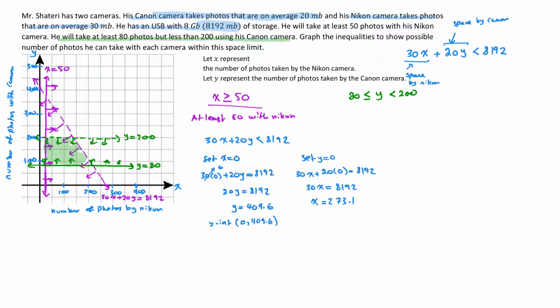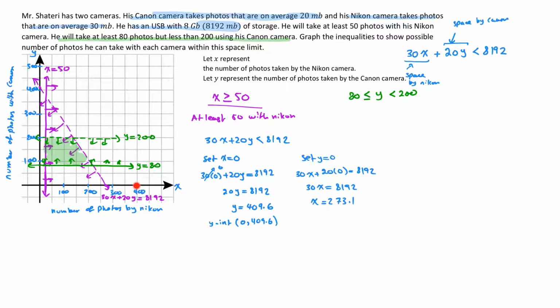So for example, since we know that the X is photos taken by the Nikon, if we were to take 400 photos by Nikon and 0 photos by the Canon, that means we're looking at a point over here, and that is not part of the solution. So we can't actually take 400 photos by the Nikon.